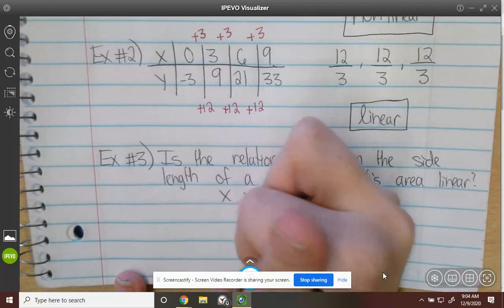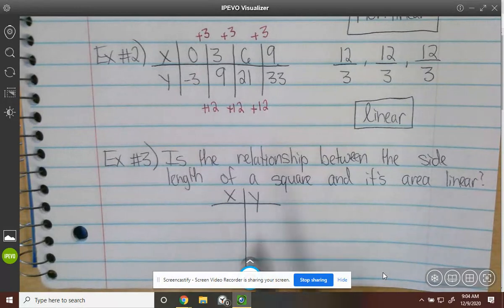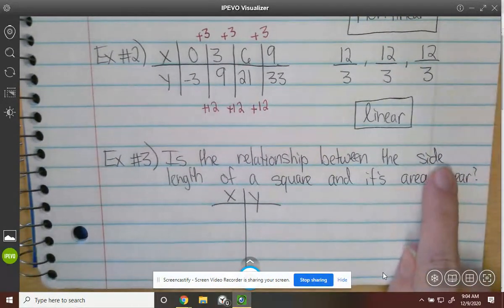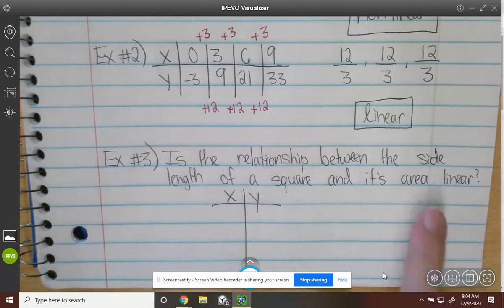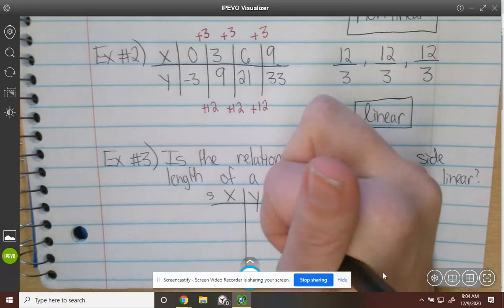So I like making XY charts like this. I just think they're easier to draw. I can use these lines instead of drawing my own. So let's make, we got side length and area. Let's make X my side length and let's make Y my area.